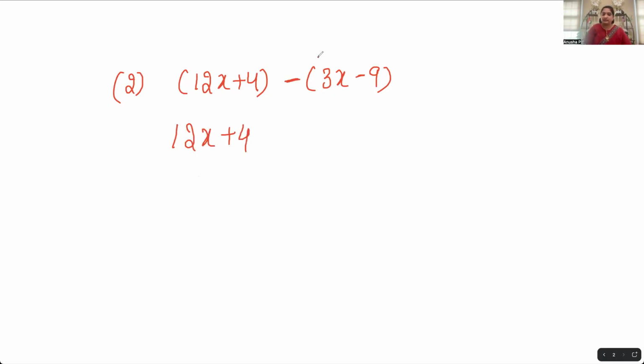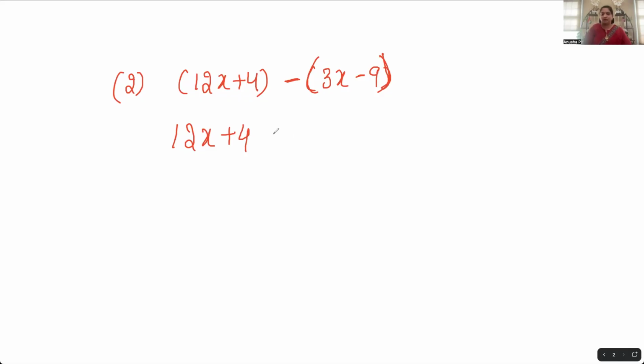Because of a minus in front of the parenthesis, whatever is inside the parenthesis will switch the sign. That is the difference between adding and subtracting. In adding, we do not do anything. But when you're subtracting, whatever terms we have inside the parenthesis will switch the sign.